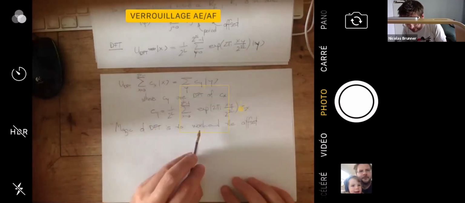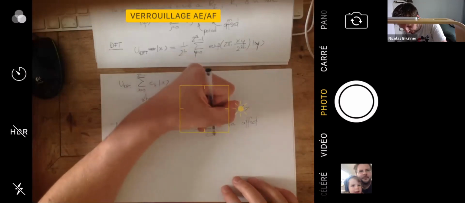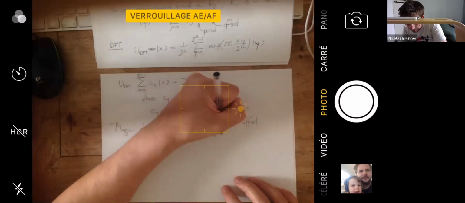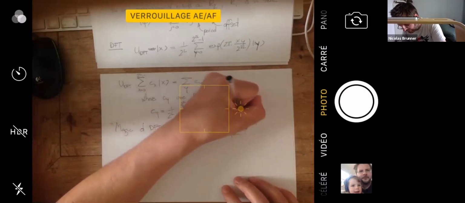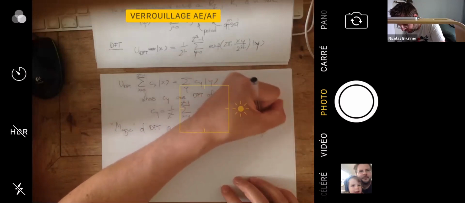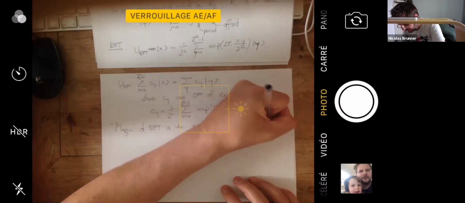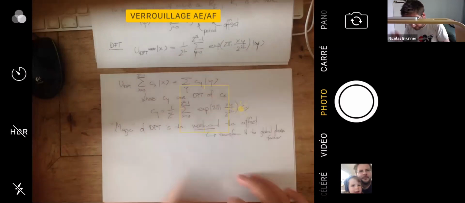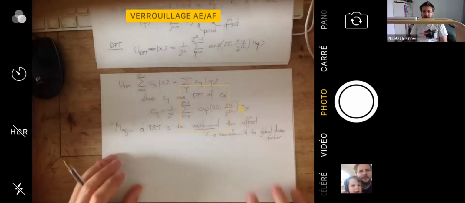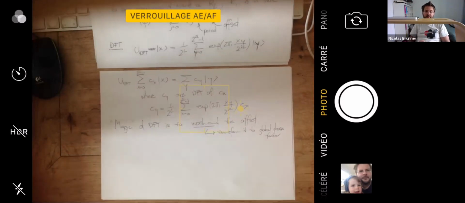When I say wash out, what it is going to do is transform it to a global phase factor. So the offset will still be there, but it will become some parameter that is physically irrelevant.